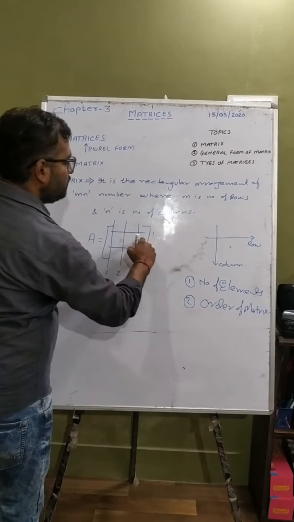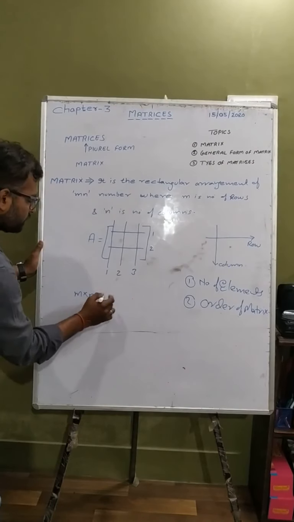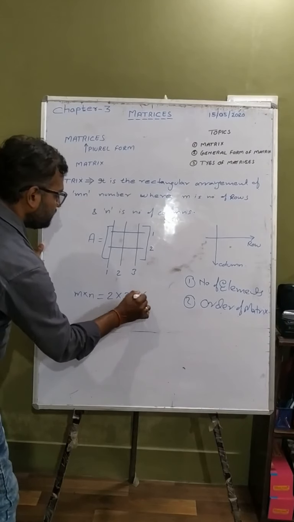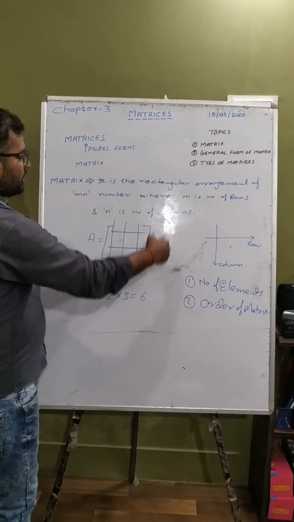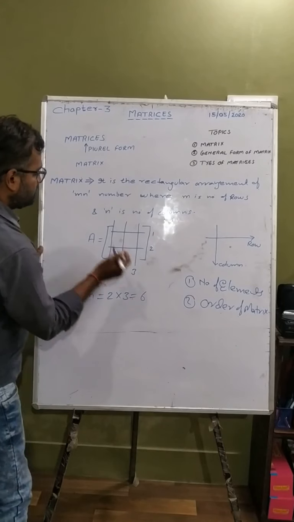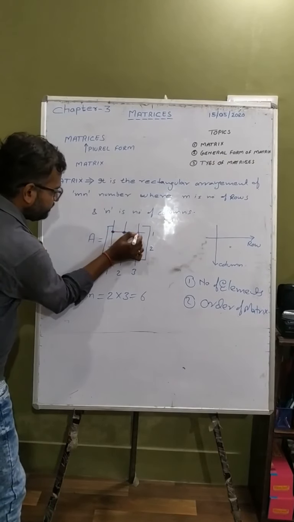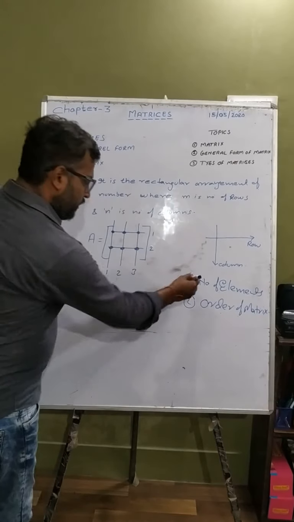First we take the row and second the column. How many rows are there? 2. How many columns? 3. Then 2 times 3 is 6. So the total number of elements is 6, and the elements will be placed here: 1, 2, 3, this is 4, this is 5, and this is 6.